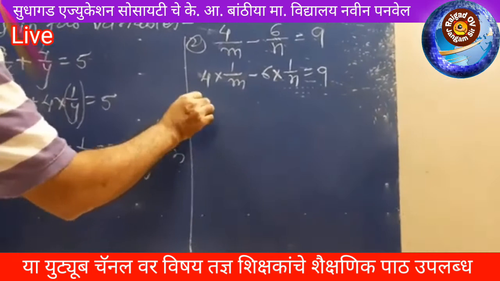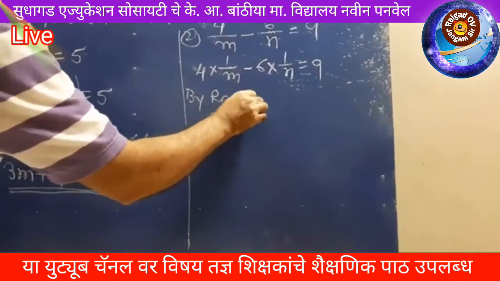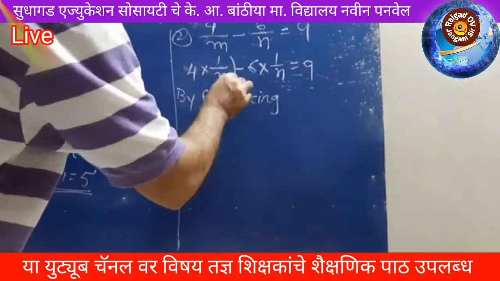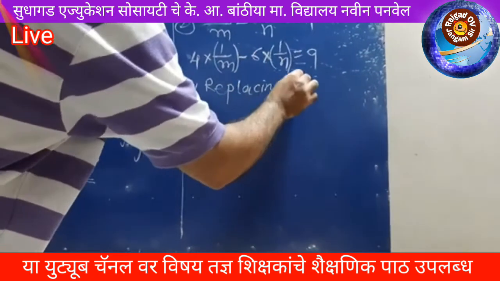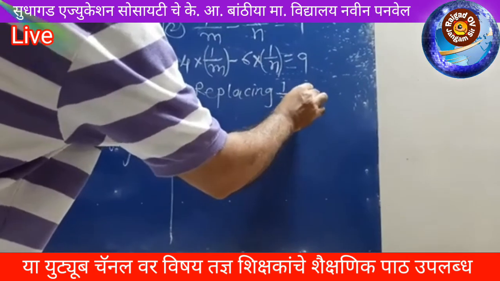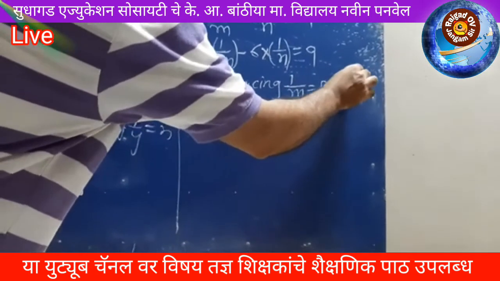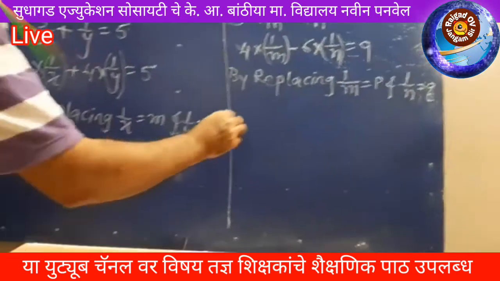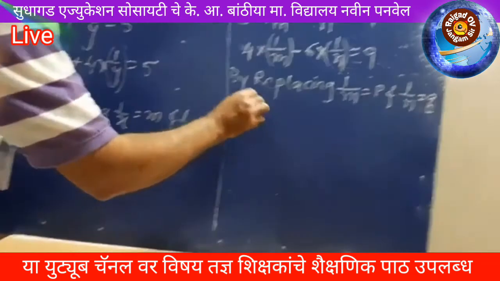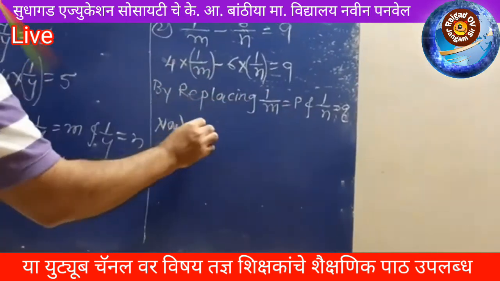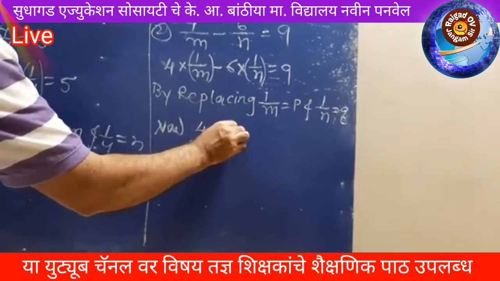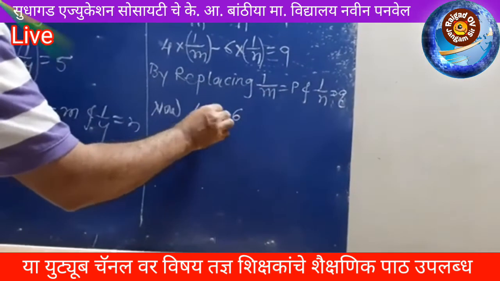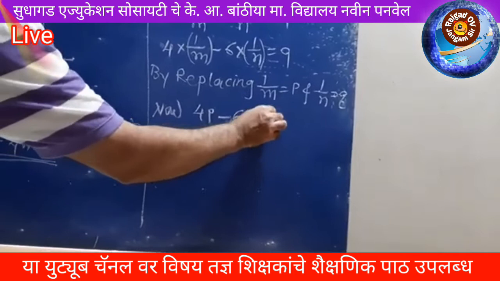By replacing 1 upon m is equal to p and 1 upon n is equal to q, now we can write 4 into p, that is 4p, minus 6 into 1 upon n, that is q. 4p minus 6q is equal to 9.